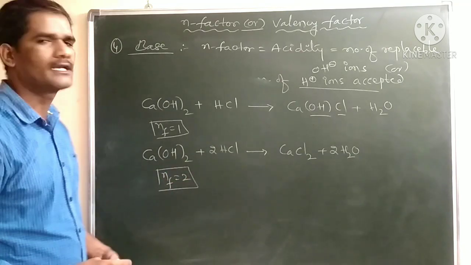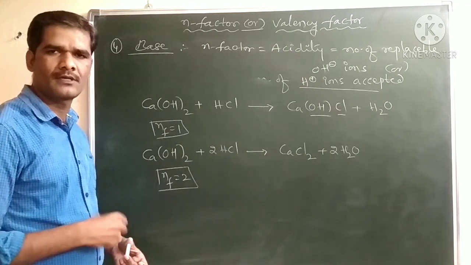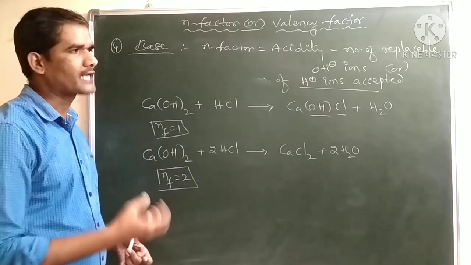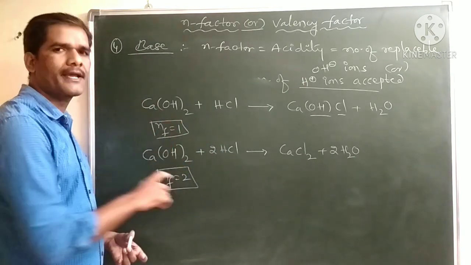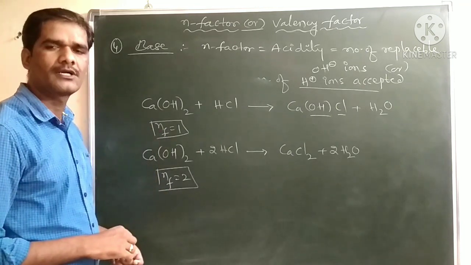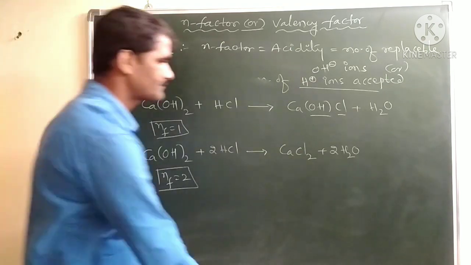So like this we can calculate the N factor for bases. Normally you have to check the number of OH minus replaced or the number of H plus ions accepted. In a chemical reaction, you have to clearly check how many OH minus ions are replaced. That is the N factor for bases.